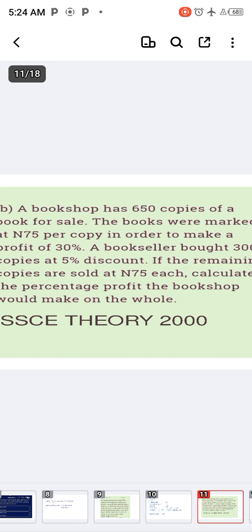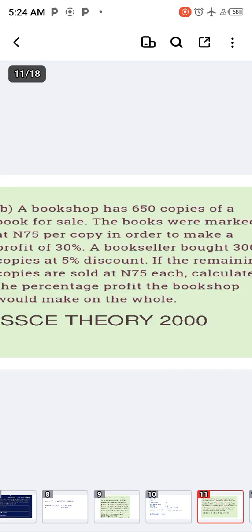Now, the first thing we will do in this question is to find out the discount, and we are going to calculate the cost price of each book, because the selling price for one copy of the book is 75 naira, and that will yield a profit of 30%.